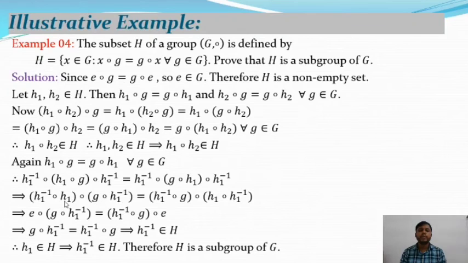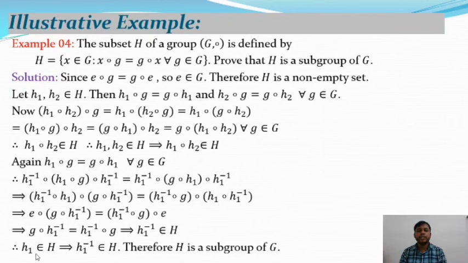So from the above equation we get e composition g composition h1 inverse is equal to h1 inverse composition g composition e, where e is the identity element, which belongs to H. Then from the above equation we get g composition h1 inverse is equal to h1 inverse composition g. So that means h1 inverse belongs to H.